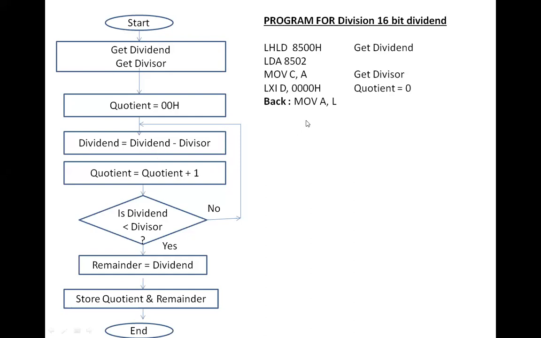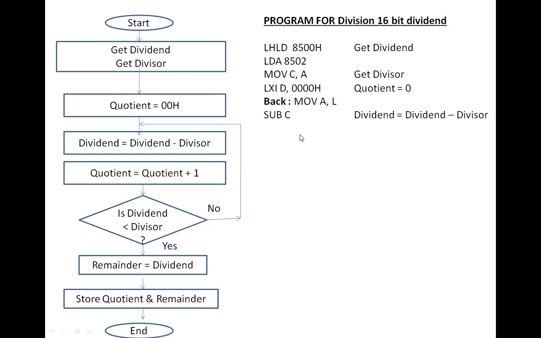Then we are going to subtract the value of the C register. The C register contains the divisor value, because 8502 contains the divisor. It is stored in the accumulator and later copied into the C register. So we are going to subtract C, which means we subtract the divisor value from the lower order 8 bits of the 16-bit dividend.